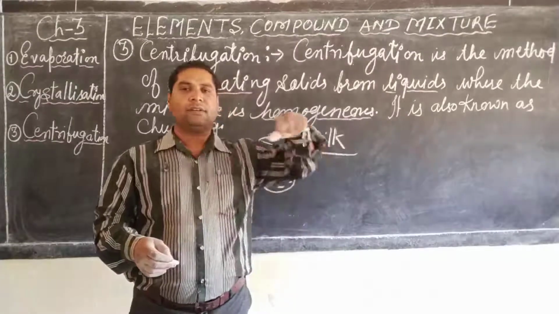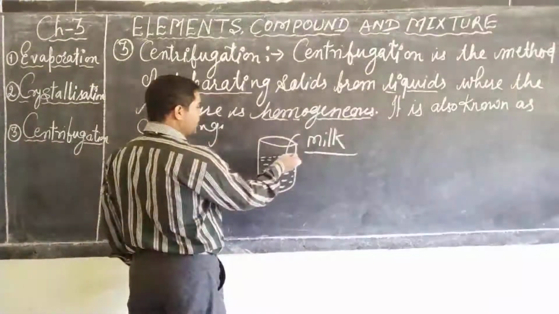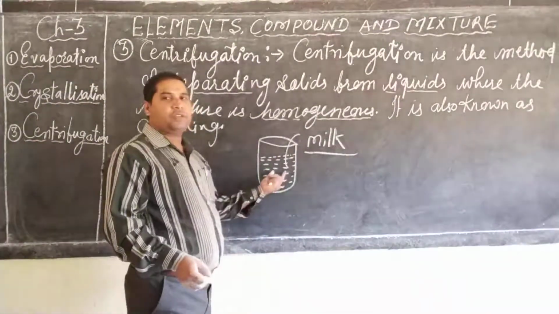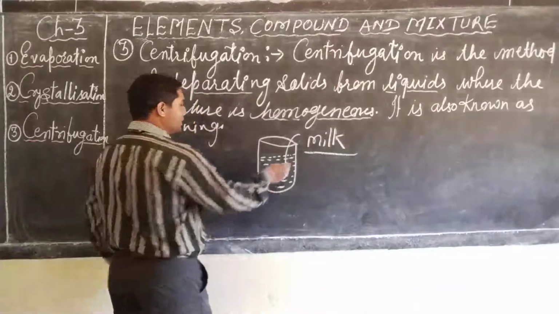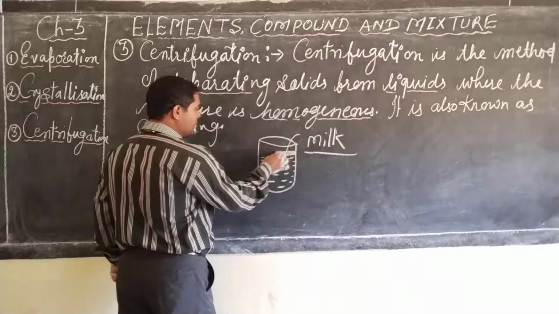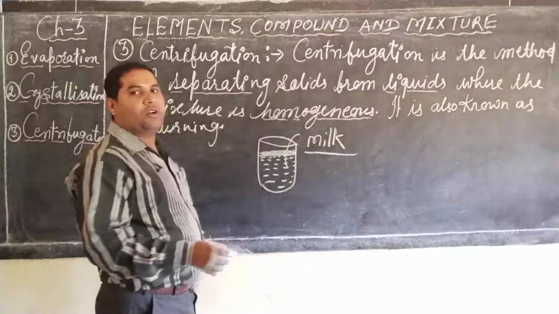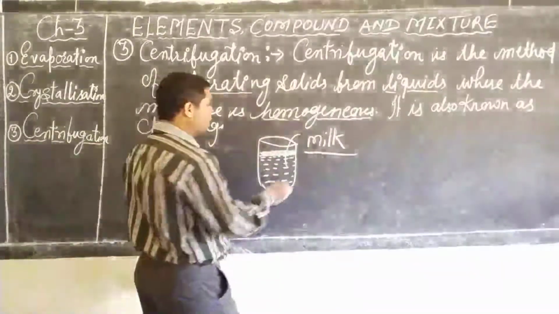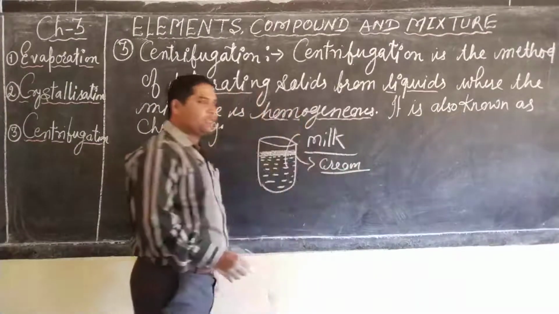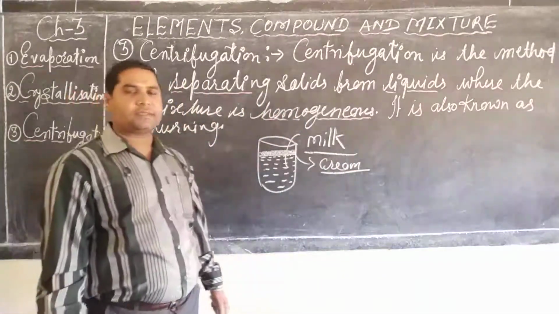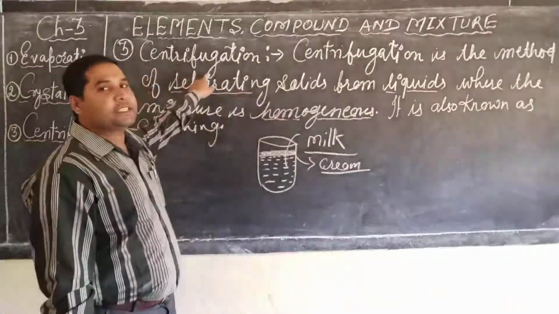After the machine stops, what do you notice? Cream, which was dissolved in the milk, separates and collects on the surface of the milk. So dear student, it is one of the traditional methods to separate cream from milk, and the process is known as centrifugation.